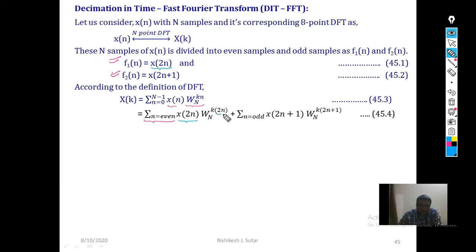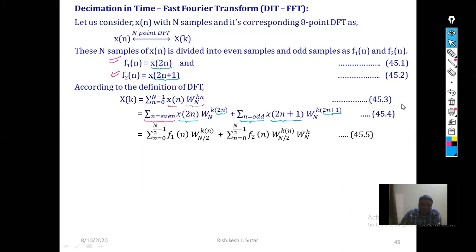And for the odd instances, I have x of 2n plus 1, so n is replaced with 2n plus 1. In this way, I can split the definition of DFT into two parts, one for the even samples and another for the odd samples.